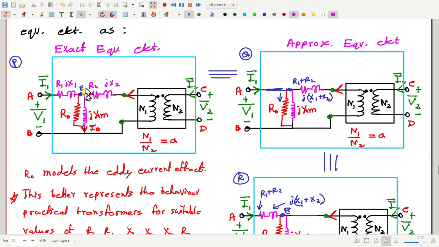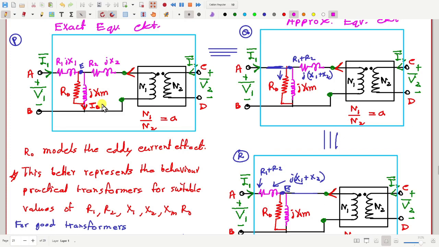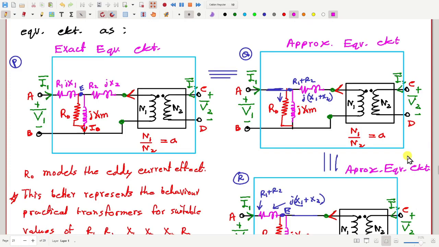I mean, referred to primary, because all the impedances are on the primary side. You can also consider the same thing with the impedance on the secondary side of the transformer. And the third circuit is also called an approximate equivalent circuit. Actually, the first one is not exact.